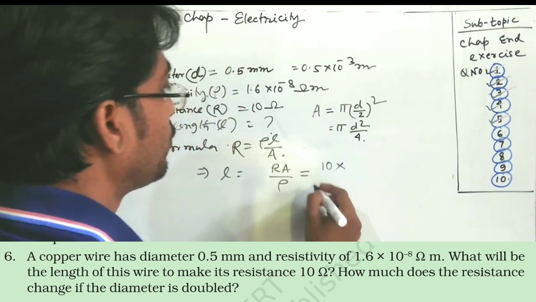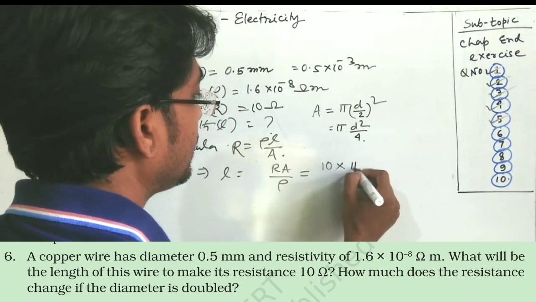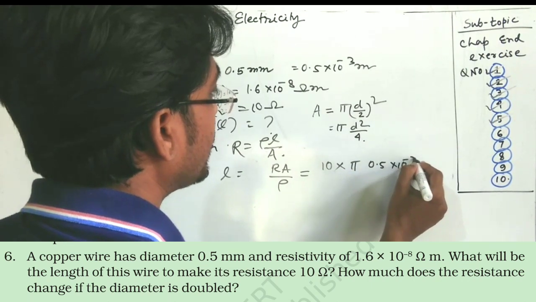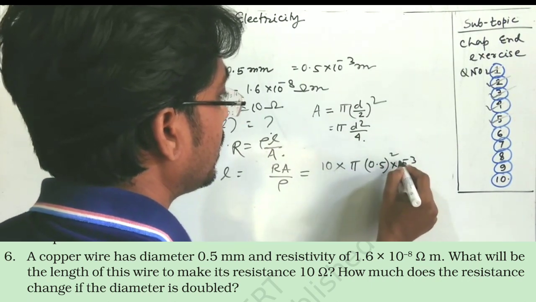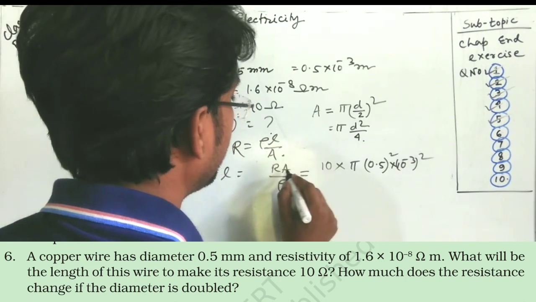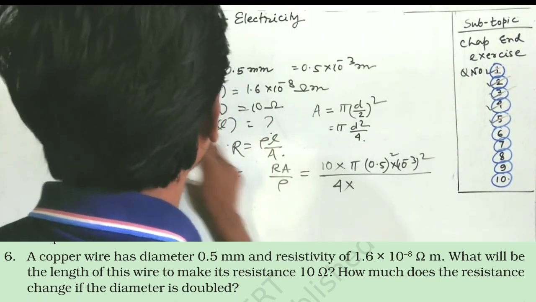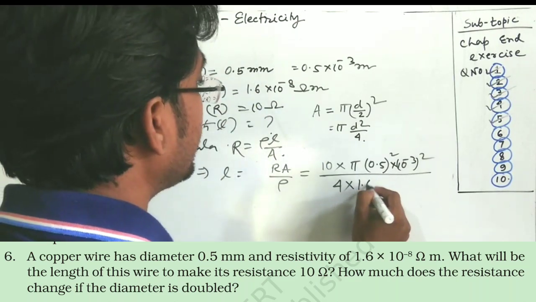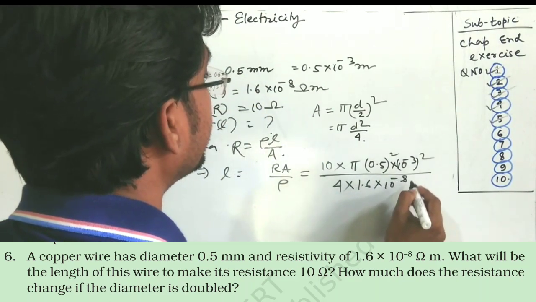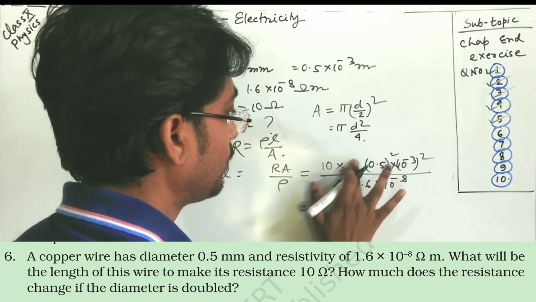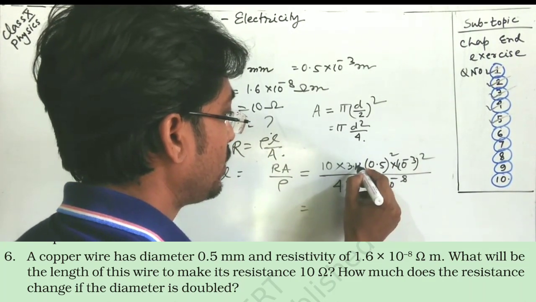So put all these values here. Pi d square means pi into 0.5 into 10 to the power minus 3, whole square, divided by 4 into rho. What is the value of rho? That is 1.6 into 10 to the power minus 8. Now calculate it. Here pi means 3.14.